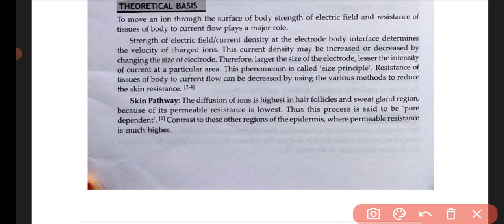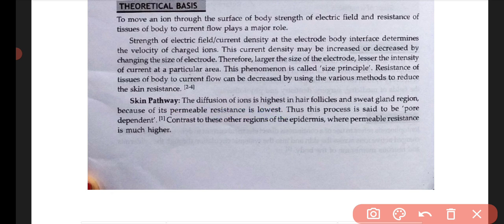The resistance of body tissues to current flow can be decreased by using various methods to reduce skin resistance. Now, the skin pathway. What is the skin pathway? The diffusion of ions is highest in the hair follicle and sweat gland region, because the resistance is the lowest in that area.